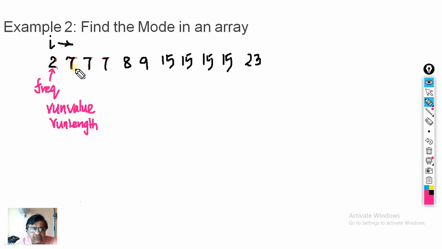Then when it jumps over here, when it completes the comparison from here till here, the run value becomes 7, run length will be 3, and run length will be compared with the frequency value gathered in the earlier iteration.